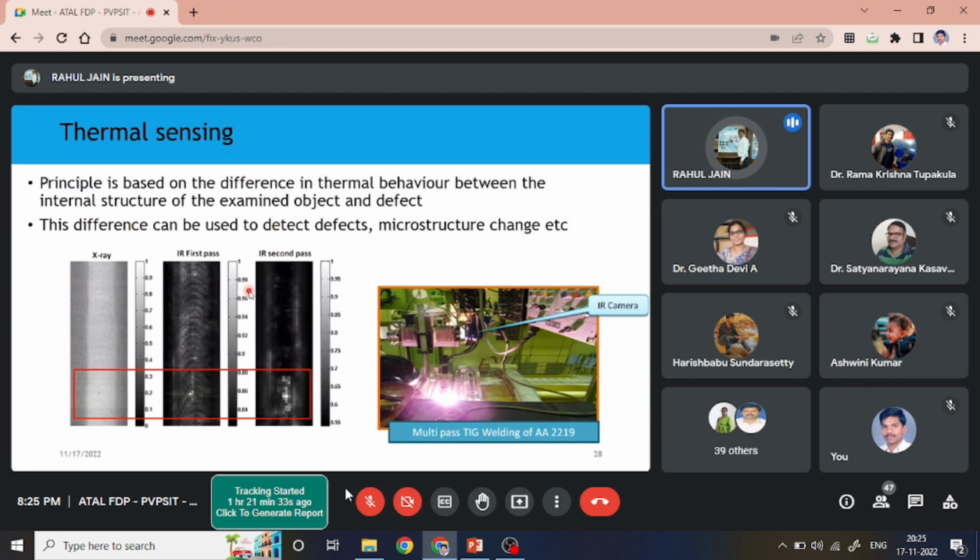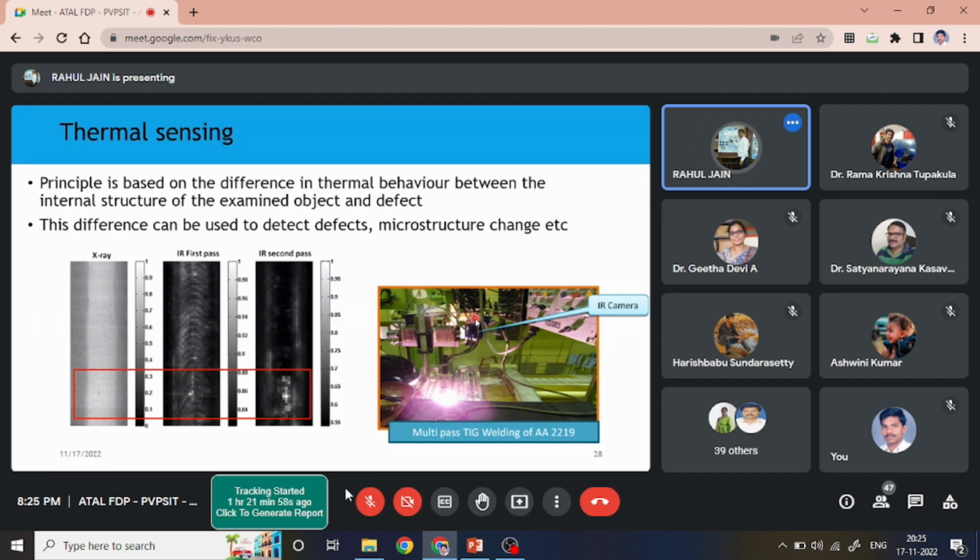So what you see over here, for example, this is IR first pass. IR is basically your IR camera, which if you see this particular setup, this is for TIG welding, or in other words, a TIG based arc additive manufacturing process. Now here they have introduced an IR camera, which is trying to capture the temperature data through infrared.